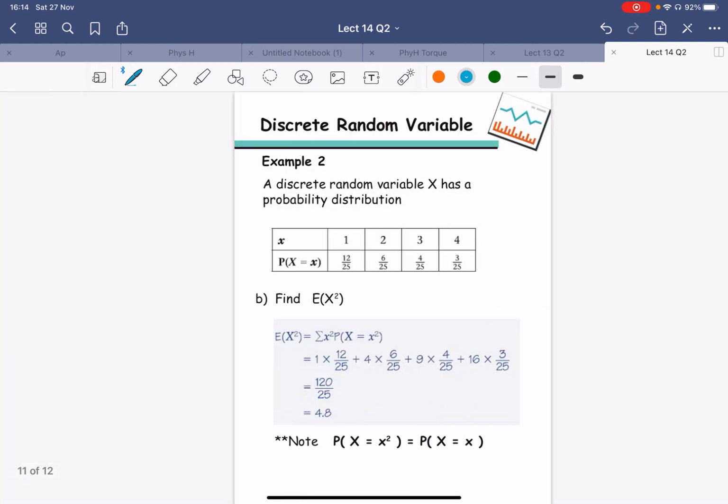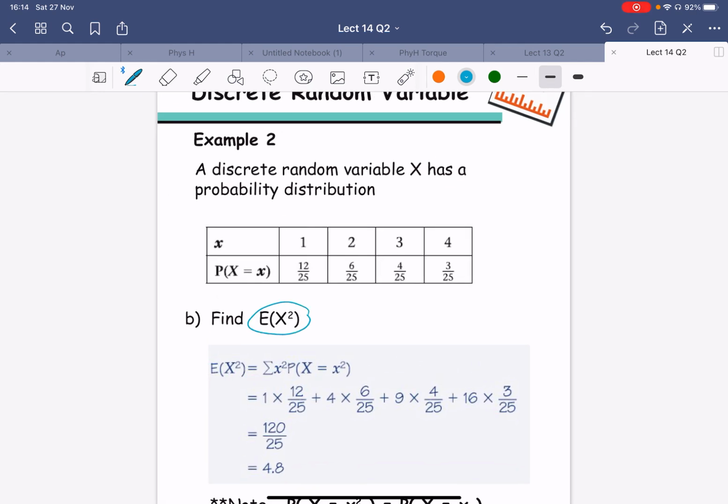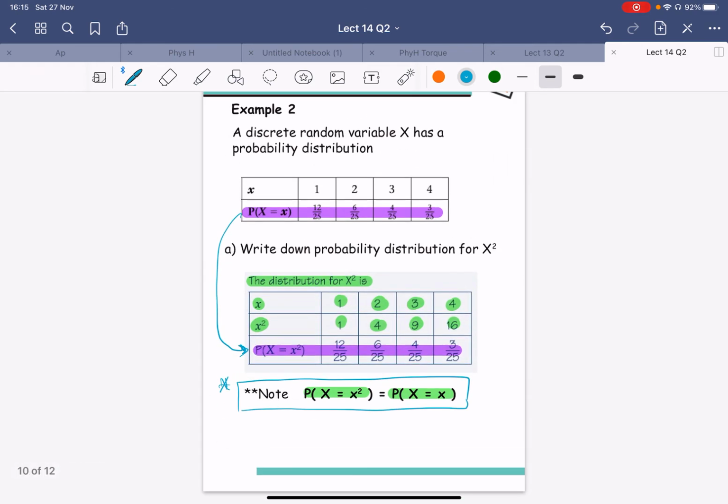All right, next question is find E of x squared. If you remember, this is the sum of x squared multiplied by the probability of x. We found x squared just now. So I take this, multiply with that, plus this times that, plus this times that, plus this times that.